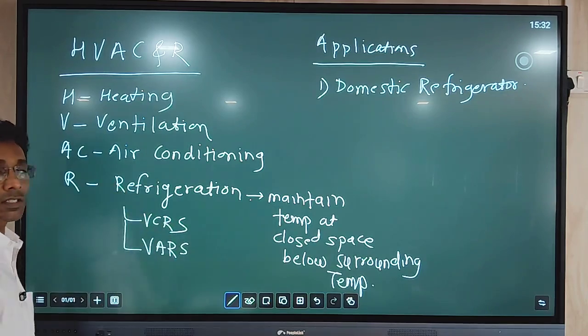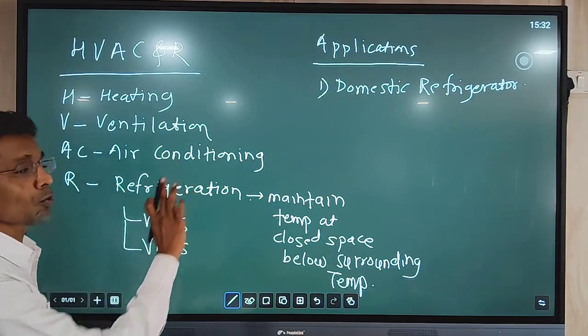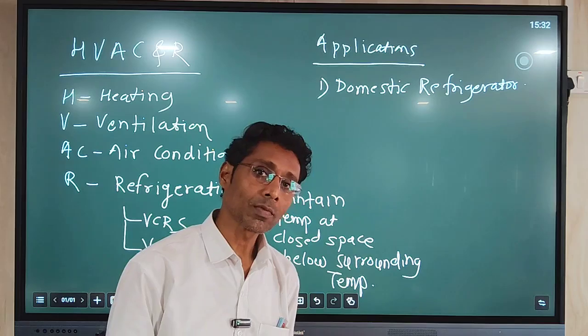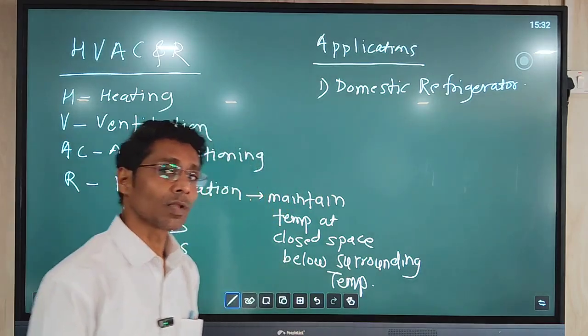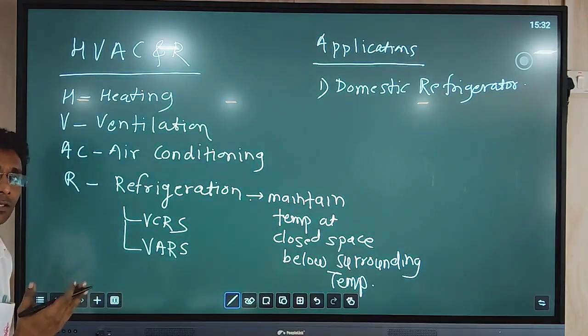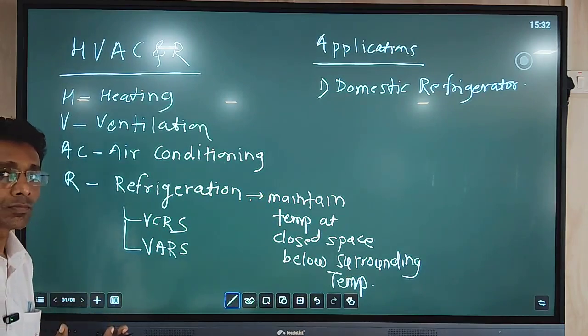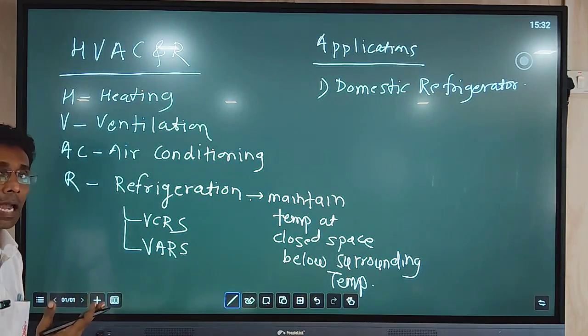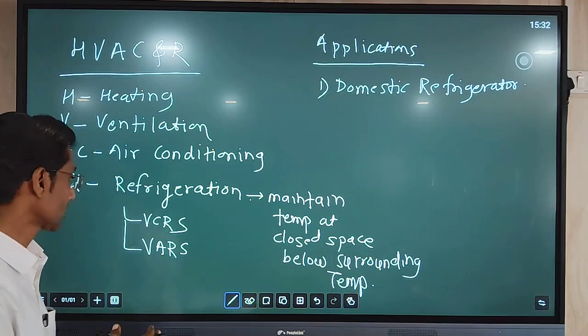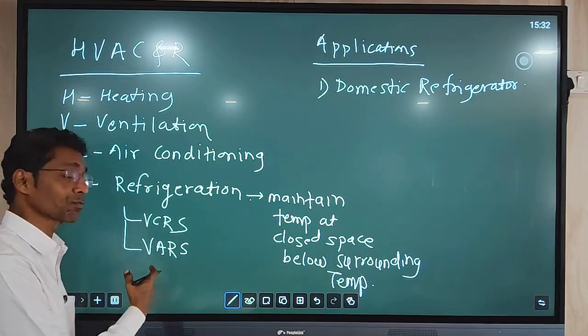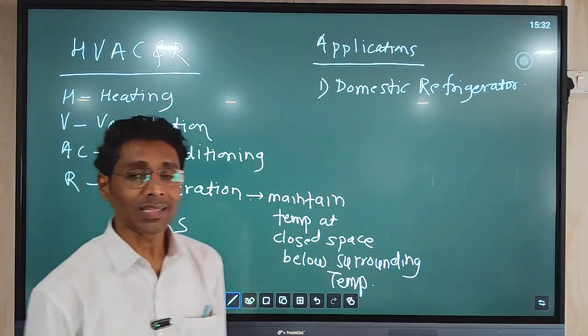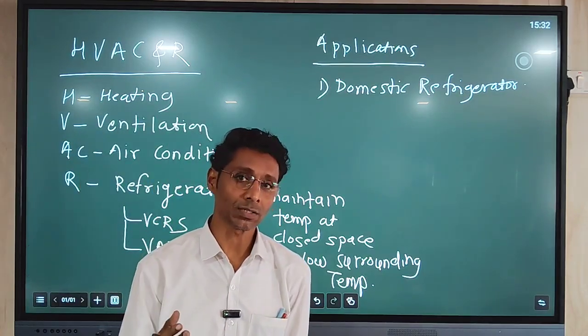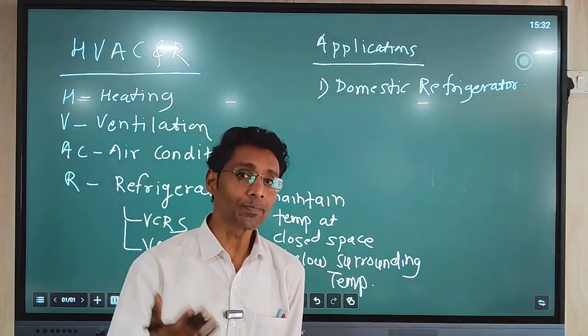Vapor compression refrigeration system applications are domestic refrigerator, water cooler, ice cream container. Means all these applications that we see in a commercial shop or in our household for low temperature. VARS, the absorption refrigeration system, is used for heavy duty applications, means where the capacity is big.